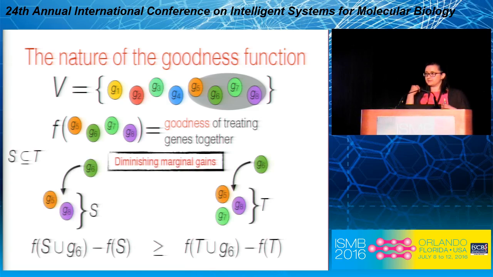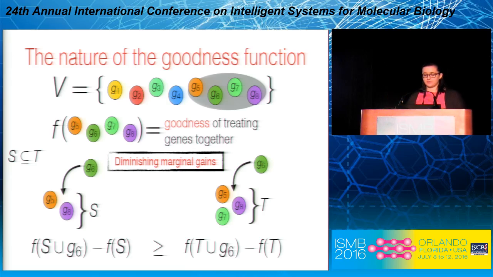Now, the idea that the function F must satisfy diminishing returns means the following. For example, when we add gene G6 to a current module, then the incremental gain of adding G6 decreases as the background in which gene G6 is considered increases.